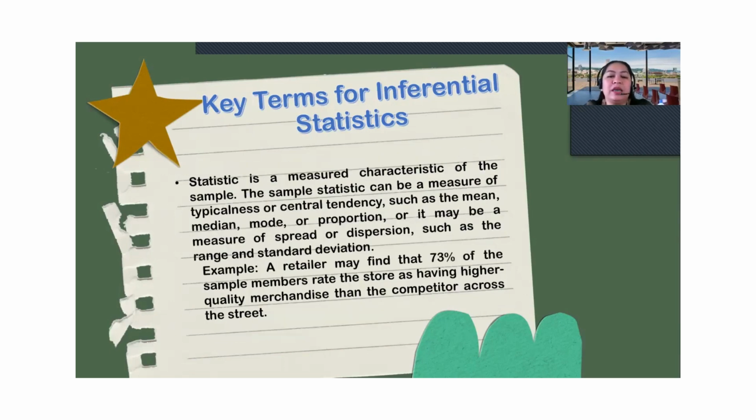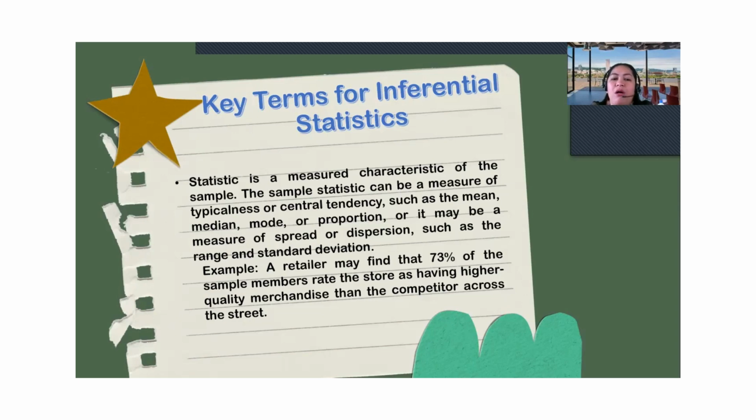Next key term is statistic. Statistics are measured characteristics of the sample. The sample statistics can be a measure of typicalness or central tendency, such as the mean, median, mode, or proportion. Or it may be a measure of spread or dispersion, such as the range and standard deviation.